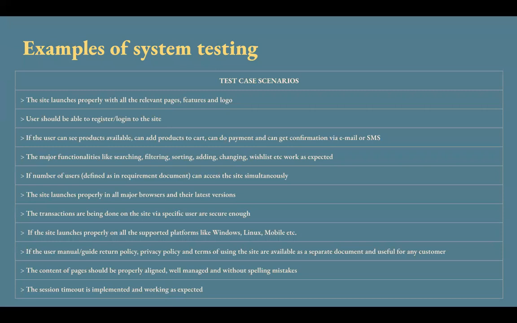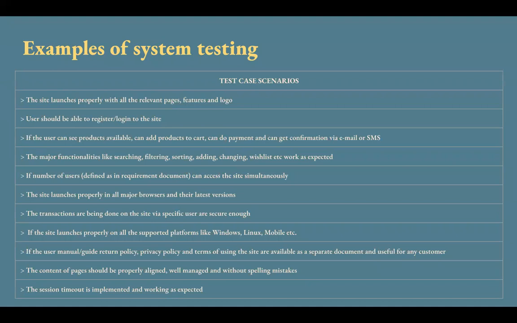If the number of users defined in the requirement document can access the site simultaneously, the site launches properly in all major browsers and their latest versions. The transactions done on the site by a specific user are secure enough.